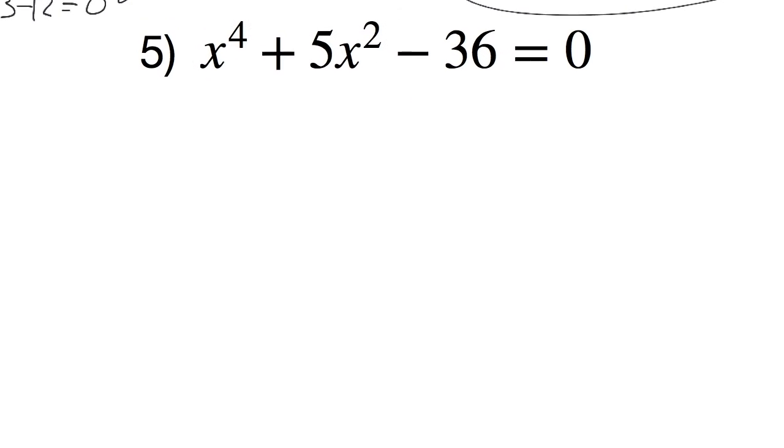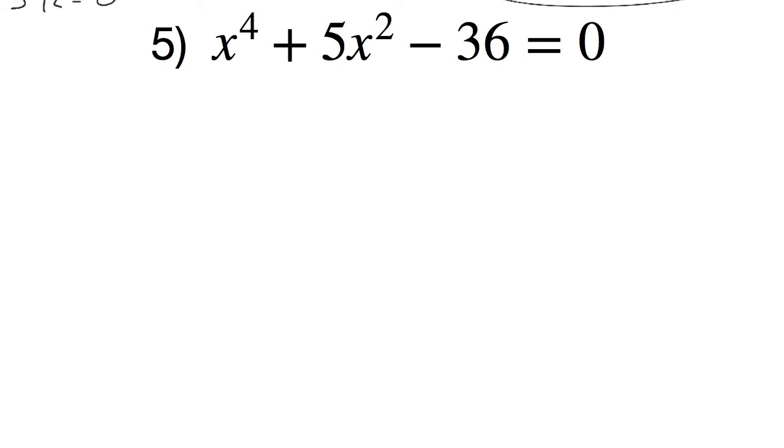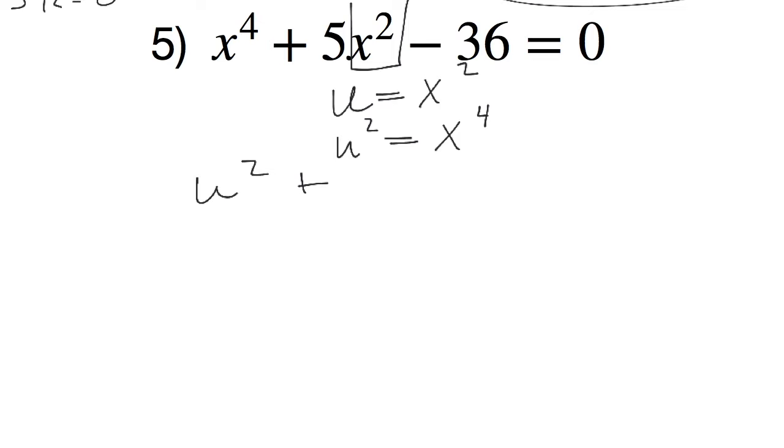Next, this looks like it could be another u substitution, letting the variable part of the b term be the u. So u is equal to x squared, and therefore u squared is going to equal x to the fourth. So that means we get u squared plus 5u minus 36 is equal to 0.